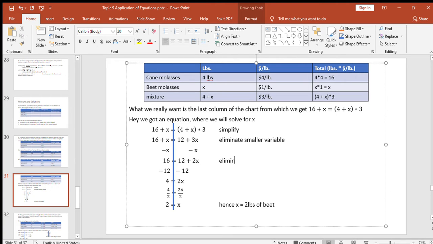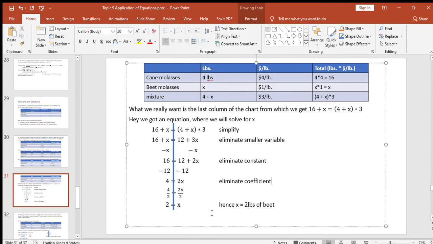Eliminate constant. Then eliminate coefficient. How do we get rid of that? We divide both sides by 2. If you do this properly, you're going to get 2 is equal to x.